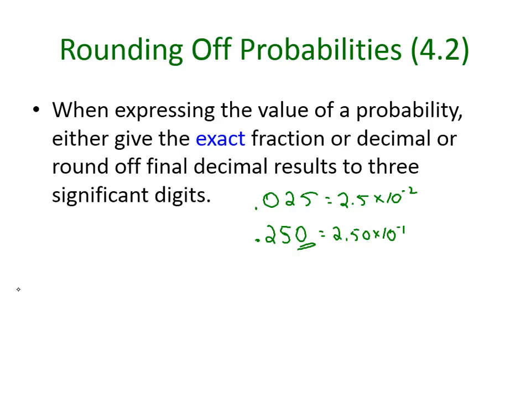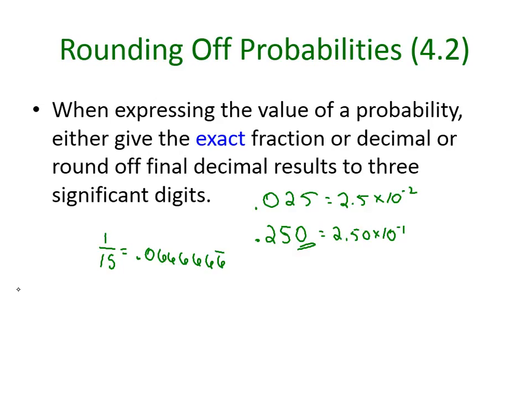I'm trying to think of a good value to give you as a rounding. If we had 1/15th, 1/15th is 0.0, and then it's got the 6's repeating forever.